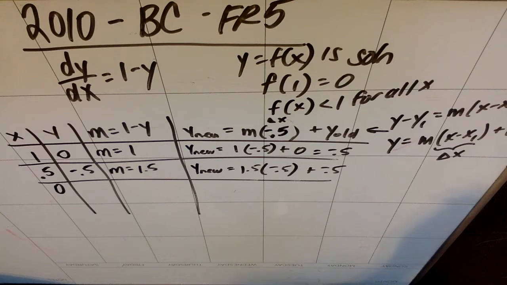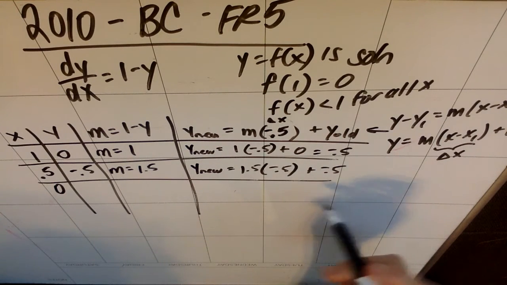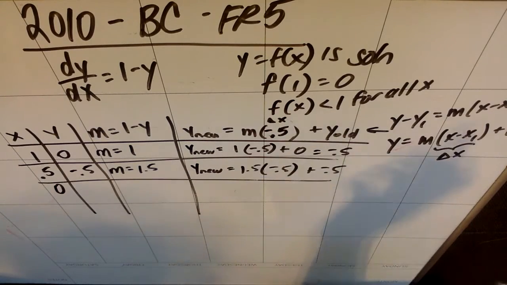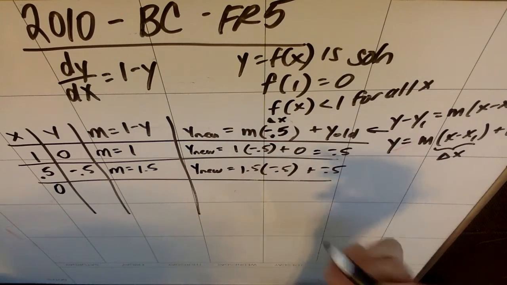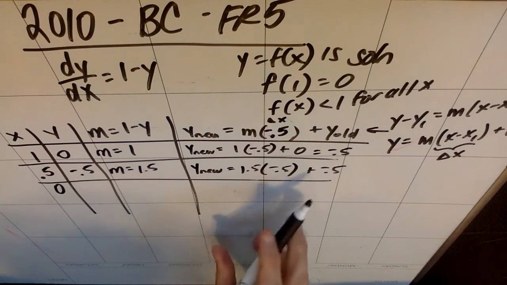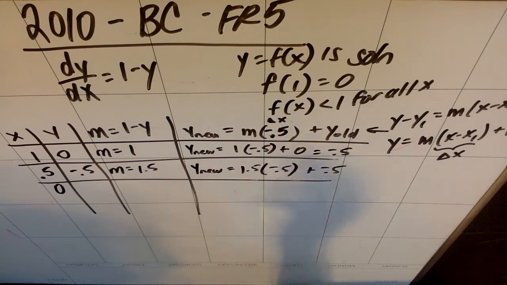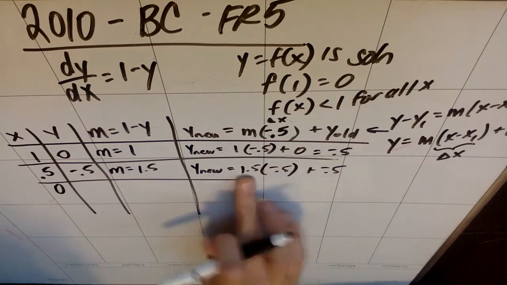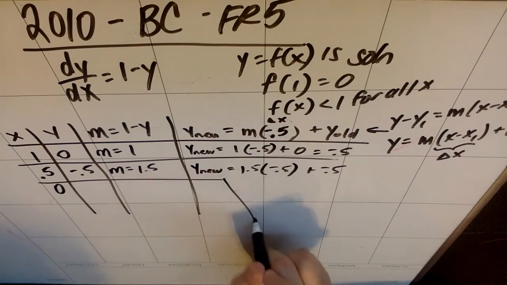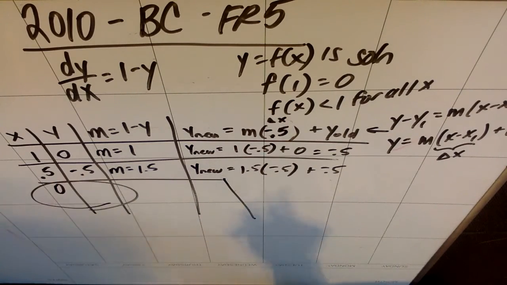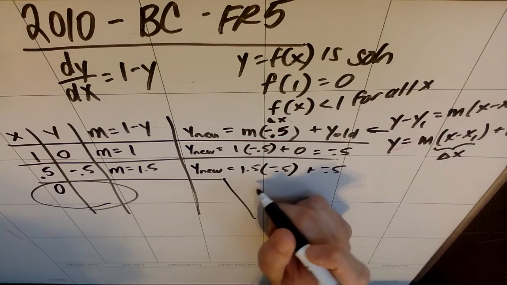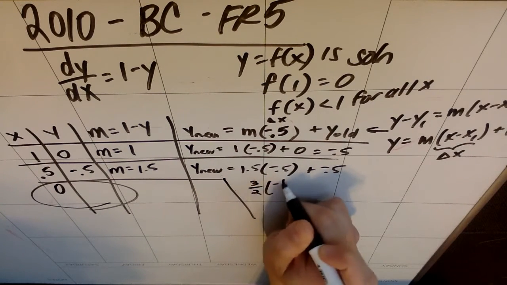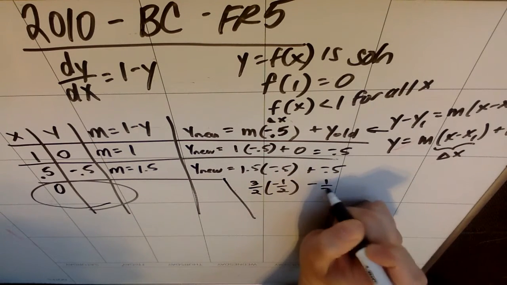There are a couple ways you can deal with this. I get that maybe it's not our favorite thing in the world to multiply decimals, and that's totally fine. You have some options. You could turn them to fractions. Honestly, you could factor out a GCF of negative 0.5 right here because they both have it. It's up to you, and I'm going to give myself a little bit more room to work here because this is my final answer, the y value at 0. If you want to make this 3/2 times negative 1/2 minus 1/2, that's doable.